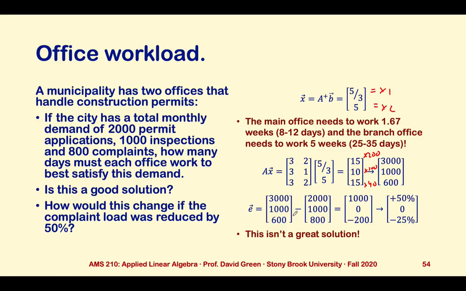This isn't a great solution. It's not completely terrible. It's not orders of magnitude off and grossly violating the constraints of time, but it has a fair bit of error and is not an ideal match to the actual number of available days.